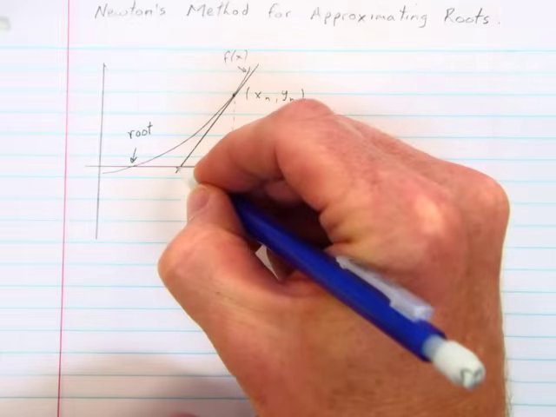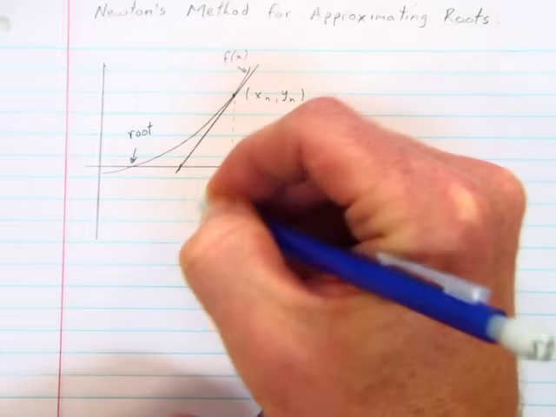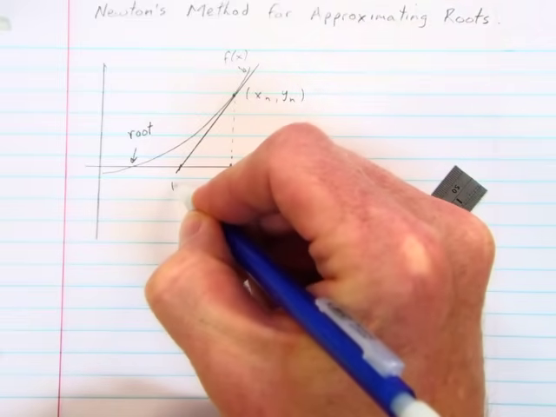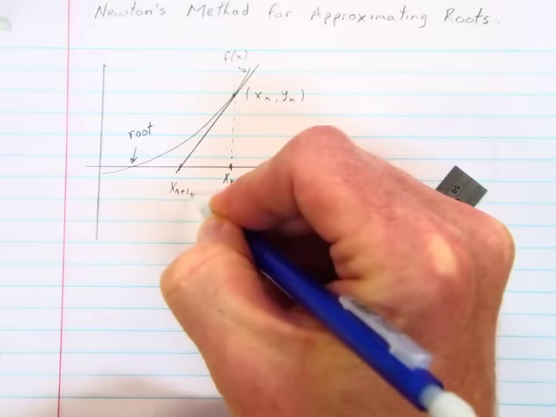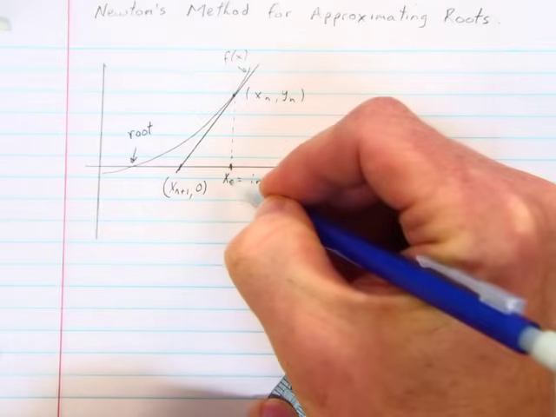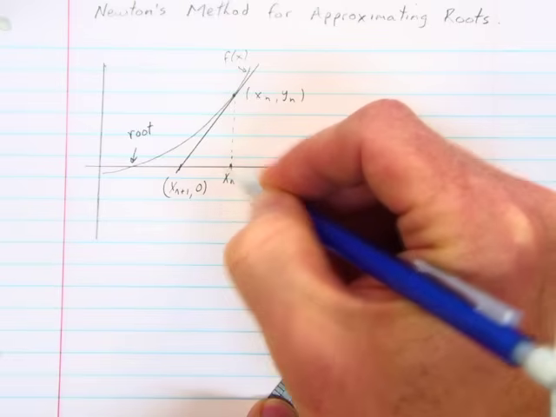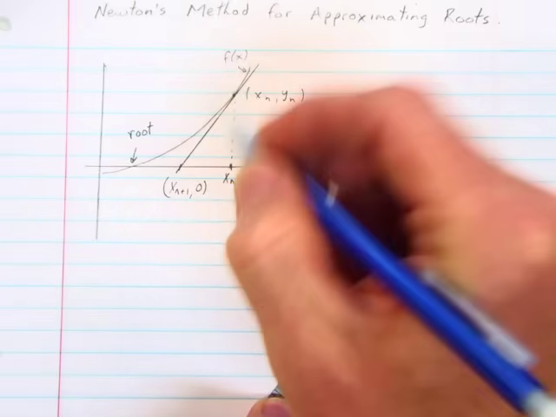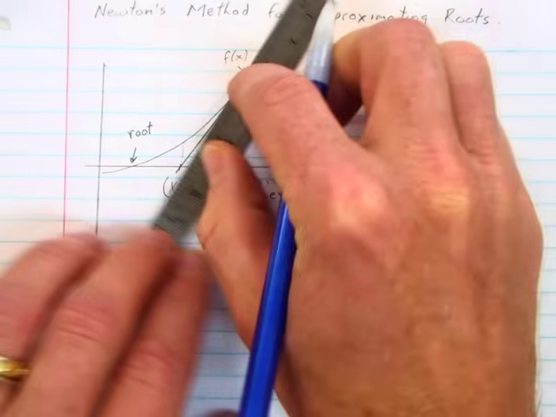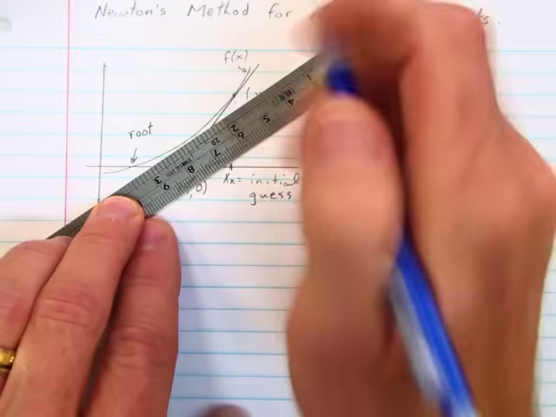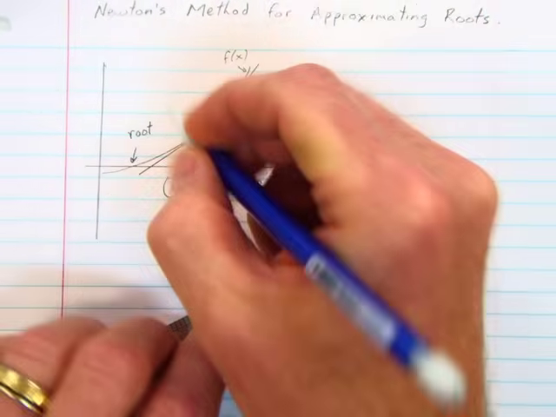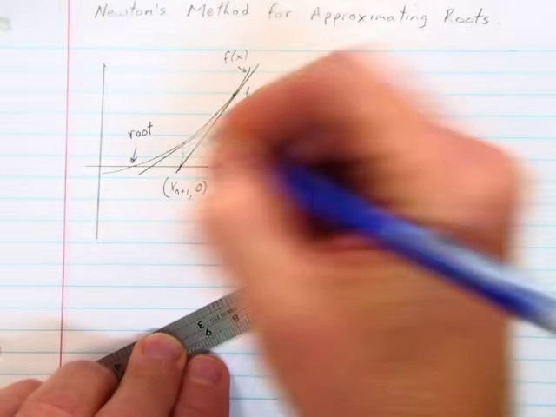What can we do at this point? Well, this is going to be our next value. What's the coordinates of this point? It'll be x sub n plus 1, comma, and the y value is 0. So if this was our first guess, x sub 0, then this will be x sub 1. What are we going to do from there? We'll go straight up to our curve, and we'll draw another tangent line, which is even closer to our root.